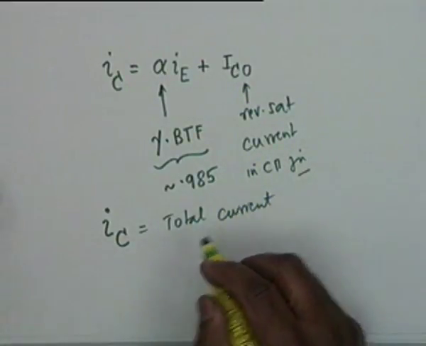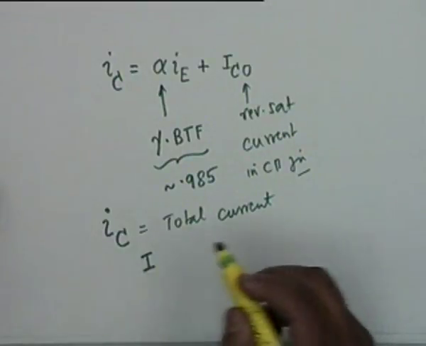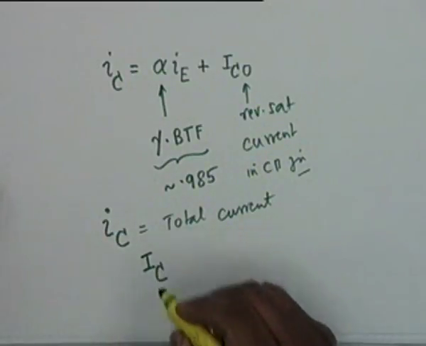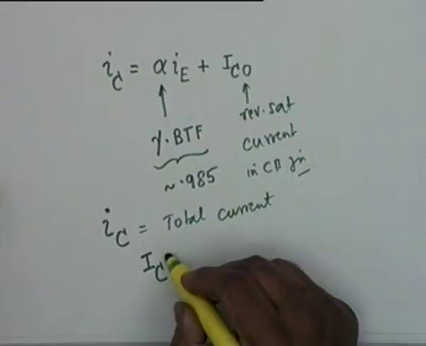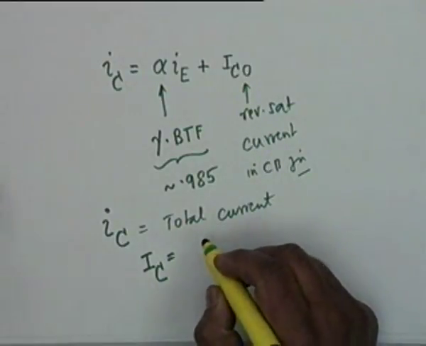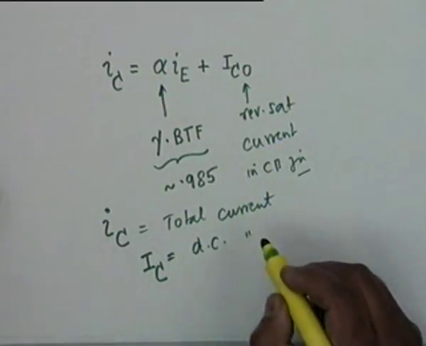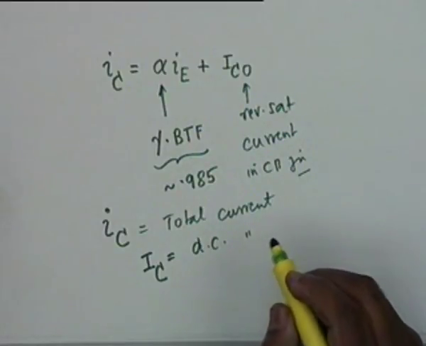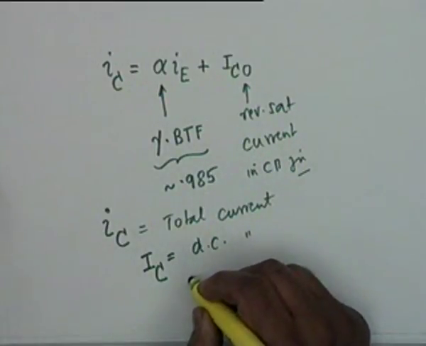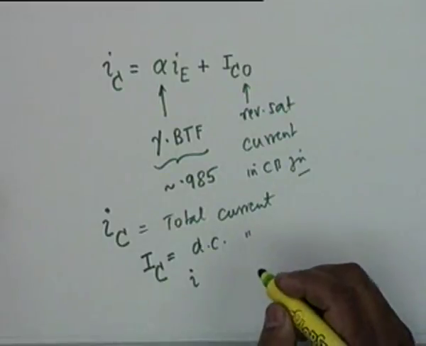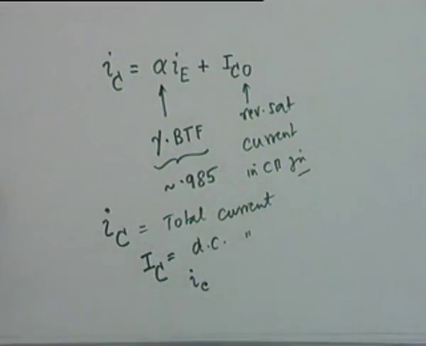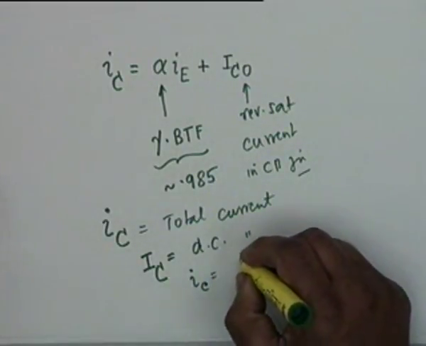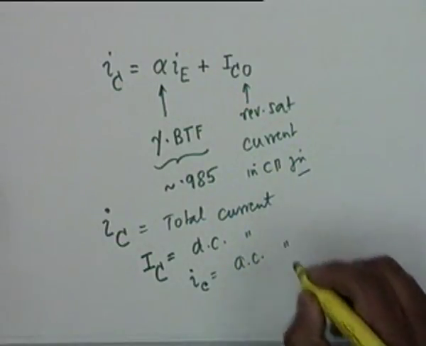On the other hand, if I use a capital I, subscript capital C, then this is the DC part of the current. This is the DC current. Okay. This is the steady current. And if I use small i, subscript small c, then this is the AC part of the current.